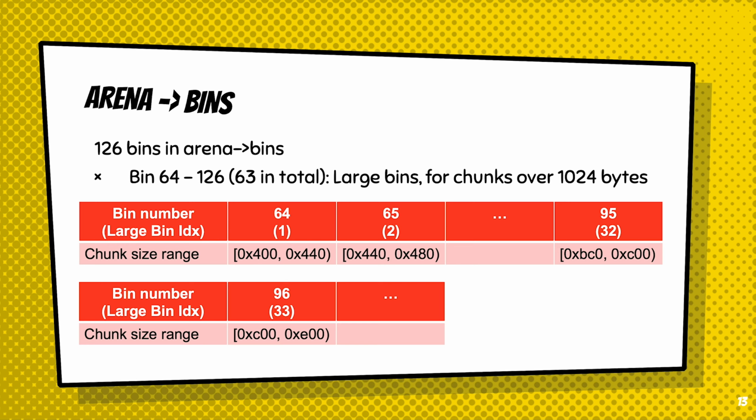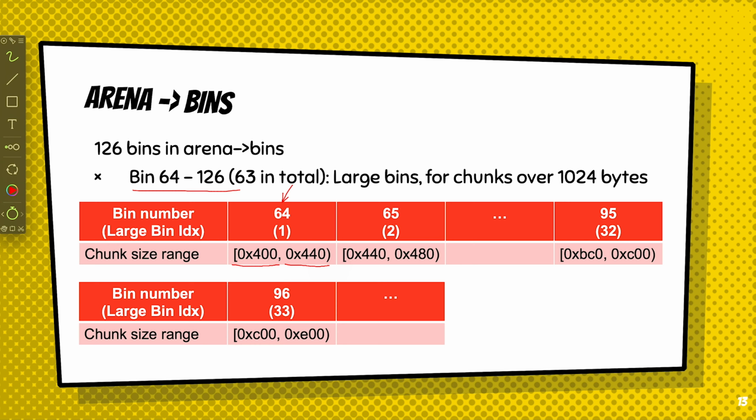After talking about the unsorted bin and the small bins, now it's time to talk about large bins. Large bins are for chunks over 1,024 bytes. Different from any other bins, a large bin is not going to store chunks of only one size. Instead, it stores chunks within a size range. Starting from bin number 64 to 126, the first large bin is going to store chunks with sizes from hex 400 to hex 440.